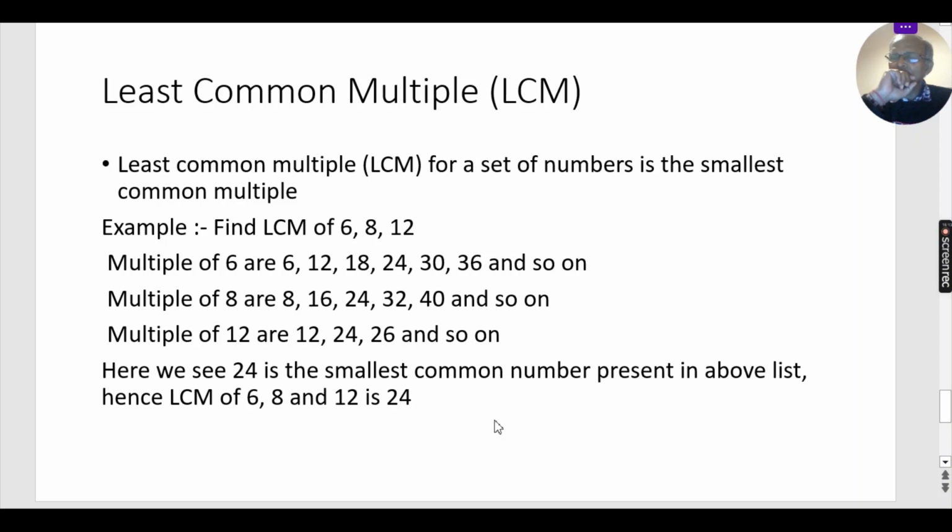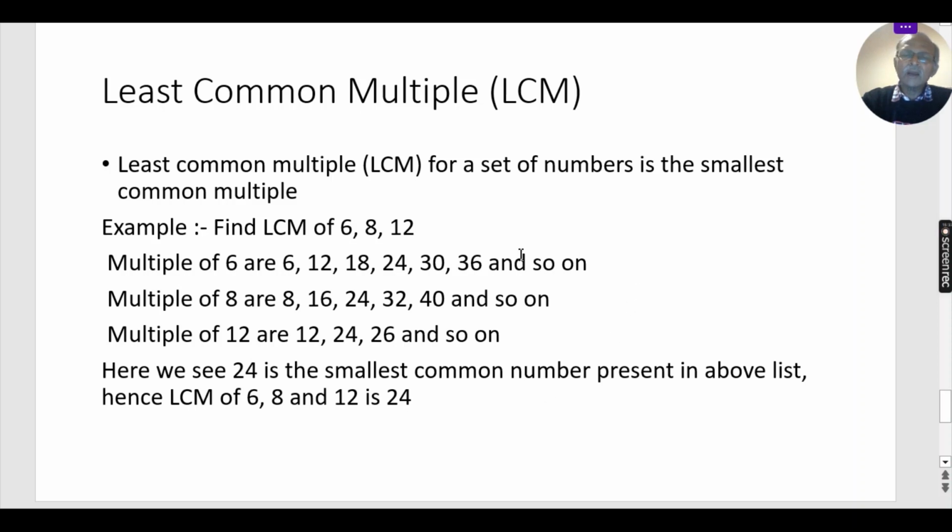If we have a set of numbers, we can find the multiples of all these numbers and then check the lists to see which is the common multiple available for all of them.